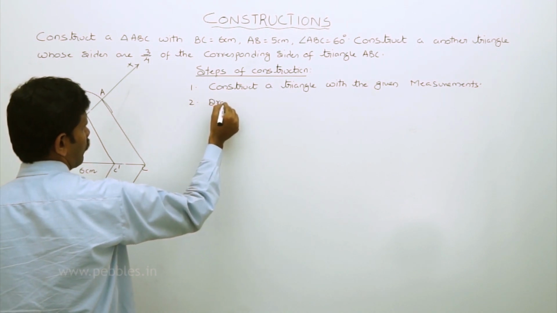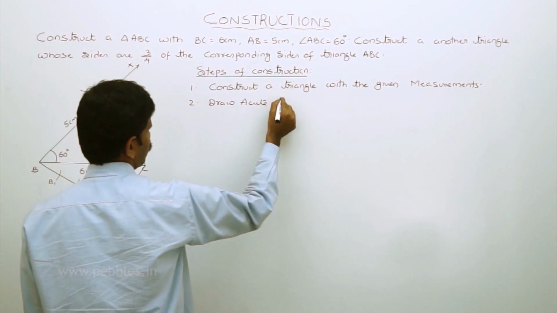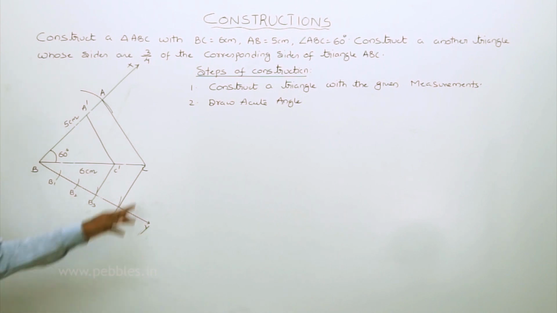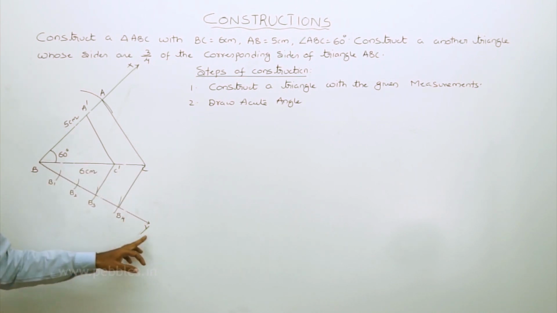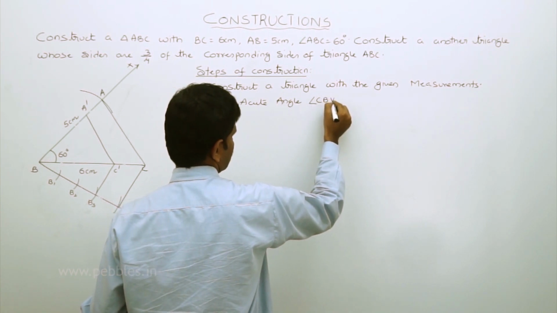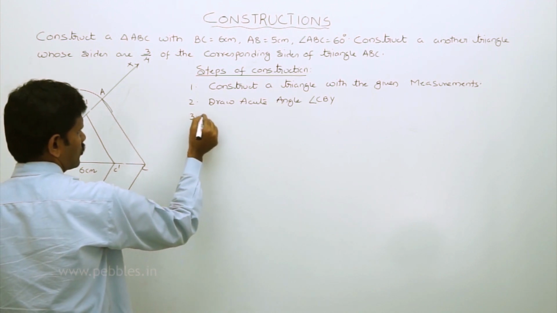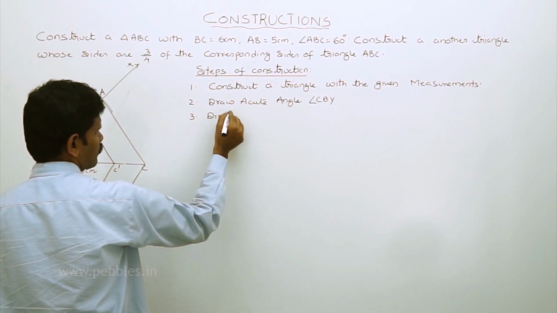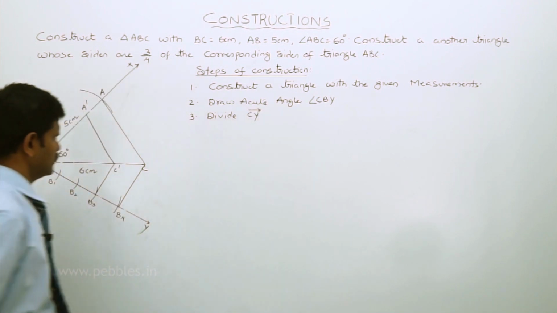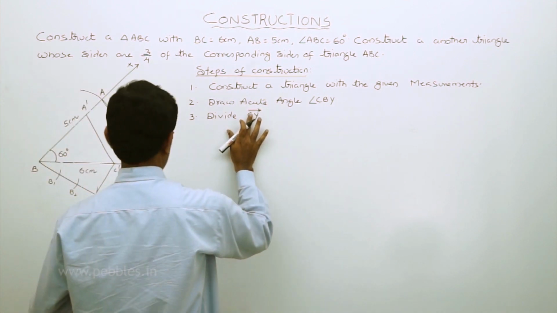Draw an acute angle CBY. Angle CBY. Divide BY, this is the ray.